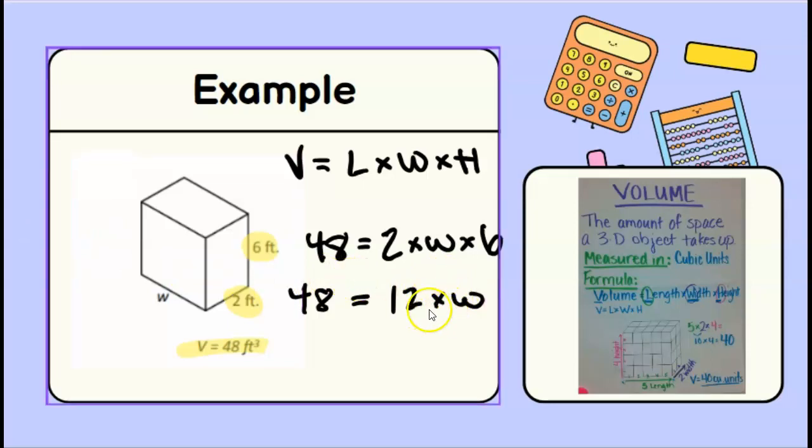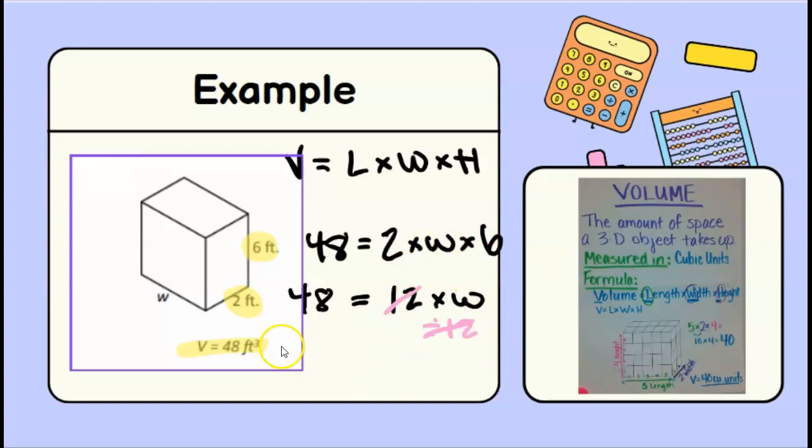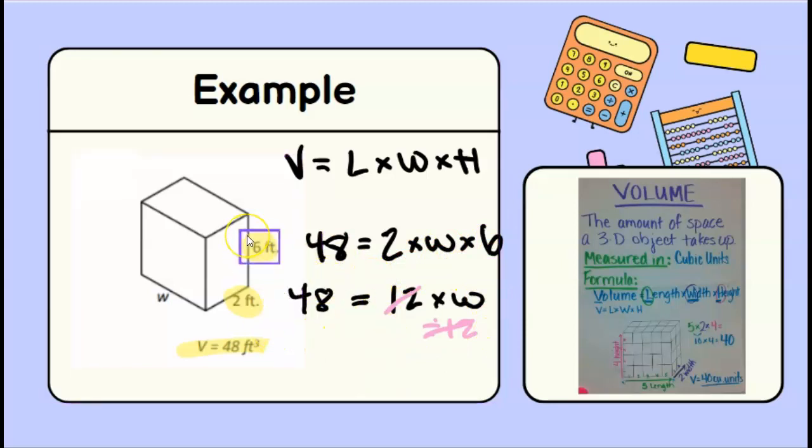So right now we have multiplication. I know the opposite of multiplication is division. So I'm going to divide this by 12 and that cancels those out, leaving just W. However, whatever I do to one side of my equation, I have to do to the other.